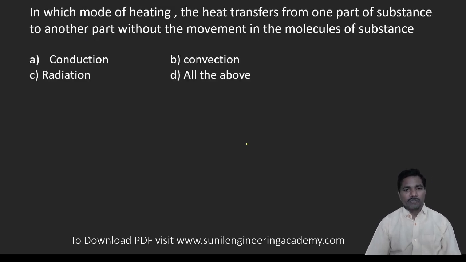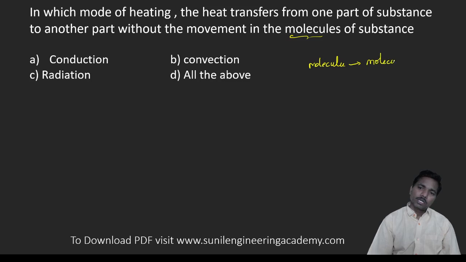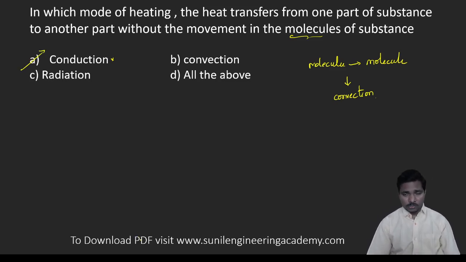In which mode of heating does heat transfer from one part of a substance to another part without the movement of molecules? In convection, heat transfers from molecule to molecule, through indirect contact. In conduction, we don't have molecule to molecule movement, so the answer is option A. Heat transfer by direct contact is conduction.